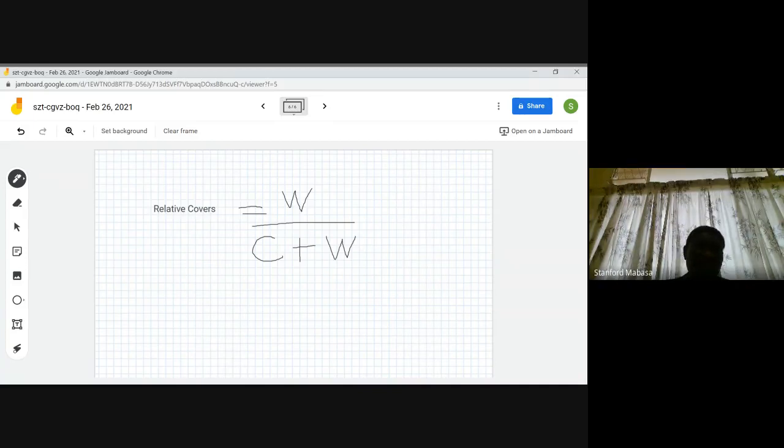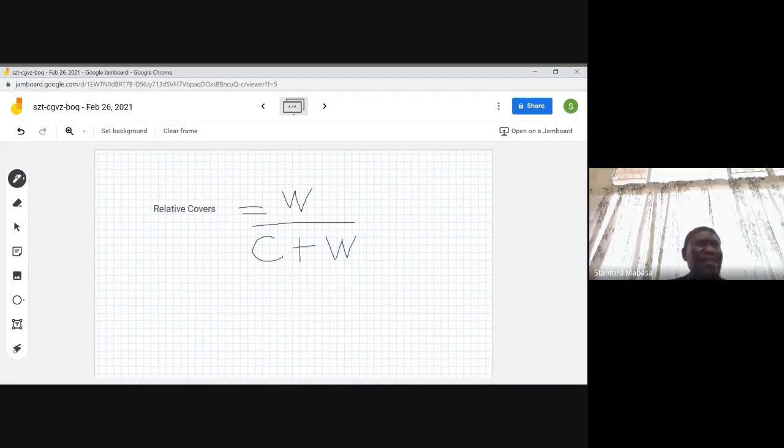Right. So relative cover could be represented. You just go into a field, then assess. If you think 50% of the area is covered by weeds, 30%, 90%, 100%, it's up to you. The crop, is it 40%, 30%? Then you add it to the estimation for area covered by the weeds.